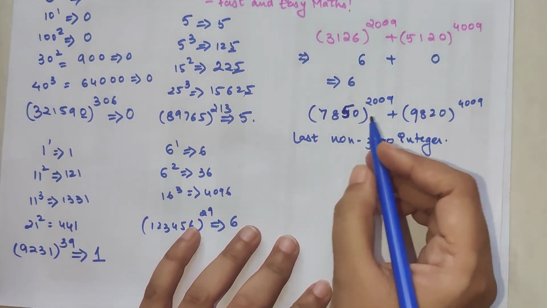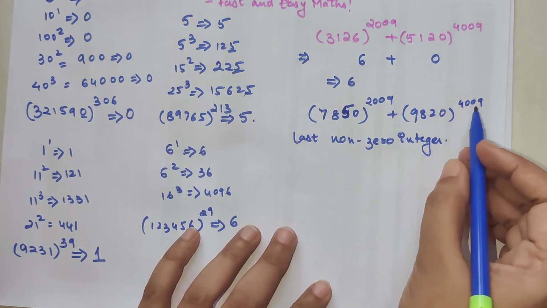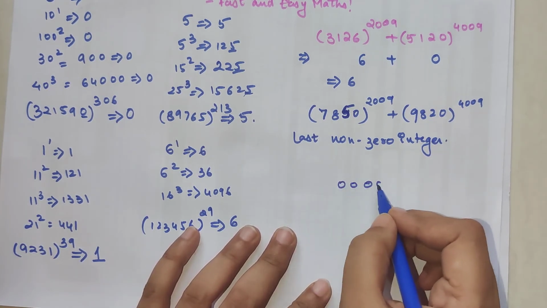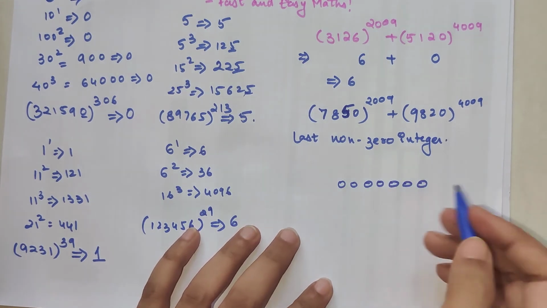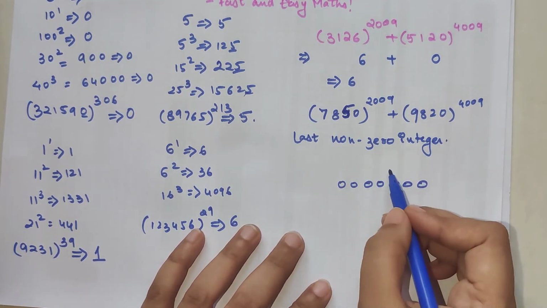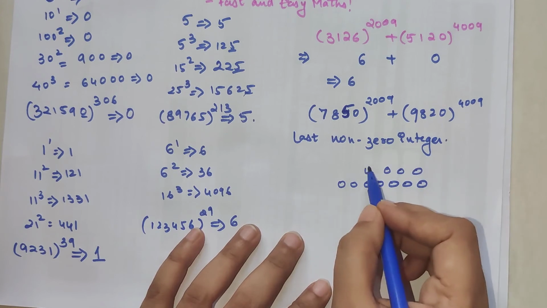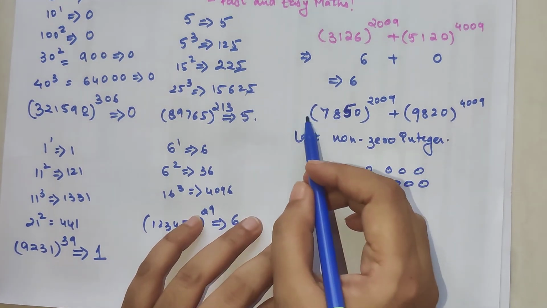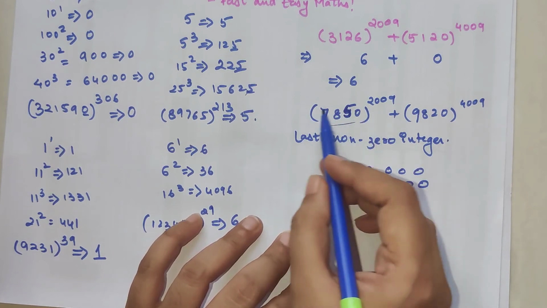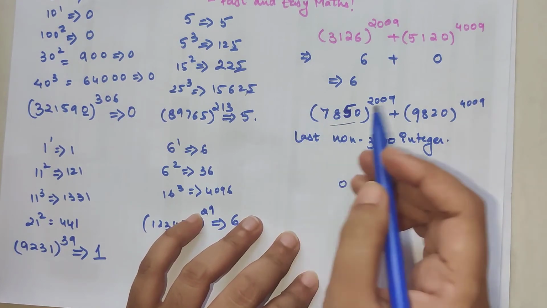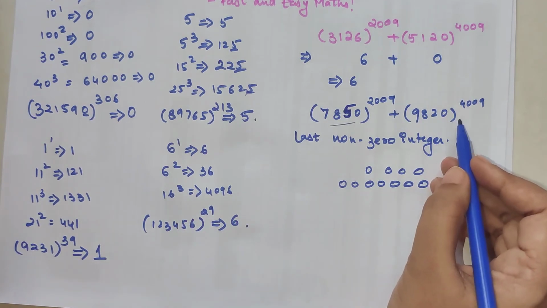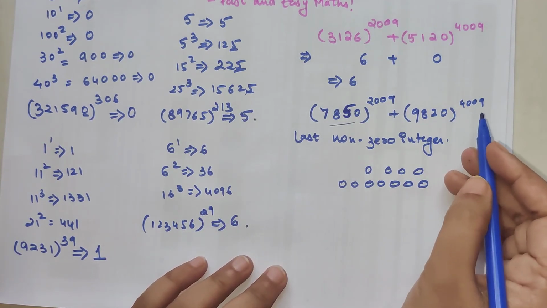Now please understand, this is raised to 4009, so here can I say my answer will have a lot of zeros. And here also I'll say my answer will have a lot of zeros, but the number of digits in this particular number will be lesser than the number of digits in the other number, because this is raised to a much higher power.